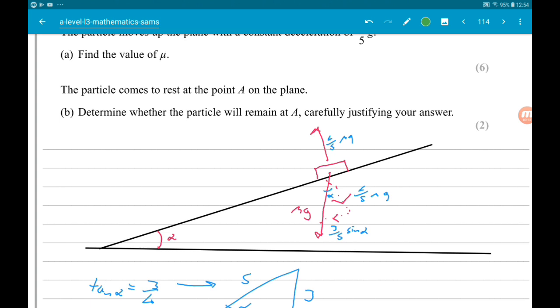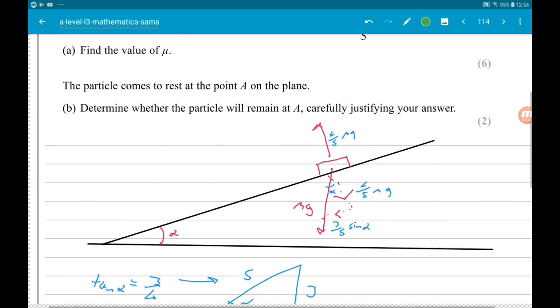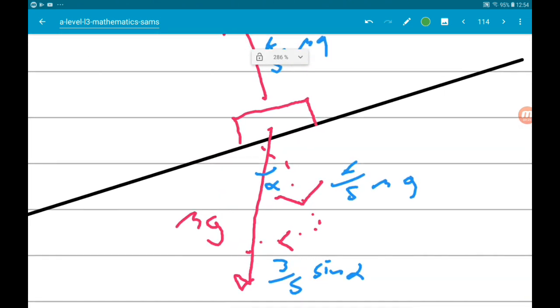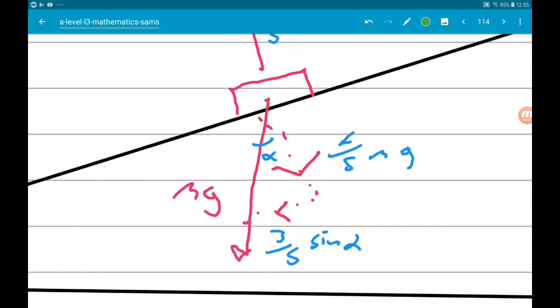Okay, so when it's at rest, so let's say it's at the point A now, so it's been projected up the slope, so what it's going to try and do is go back down the slope. So the only force acting down the slope is going to be the 3/5 mg.